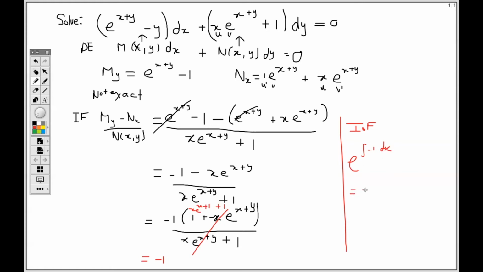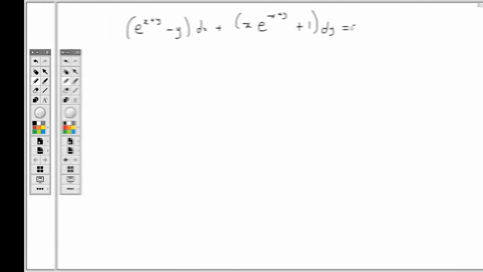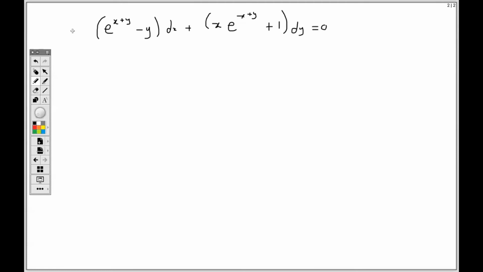The integral of 1 is x, so the integral of minus 1 is minus x. This is our integrating factor, which I am going to multiply the entire differential equation by. Remember, the aim is to get it to become exact, because right now it is not exact. That is why I'm doing this. So multiplying the entire equation by e^(-x).